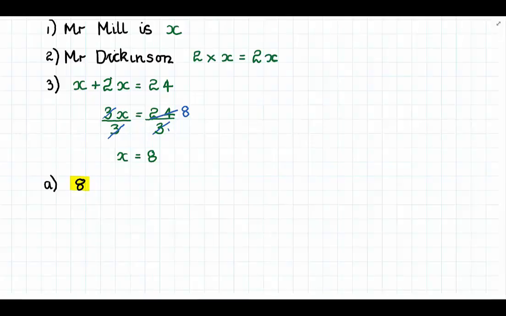And part B. How many glue sticks did Mr. Dickinson have? Well, we put the value back into his equation. Mr. Dickinson is 2x. So it is 2 times 8 equals 16. And highlight your answer.